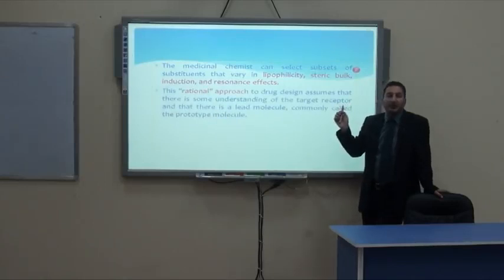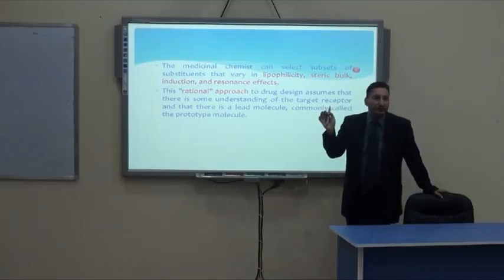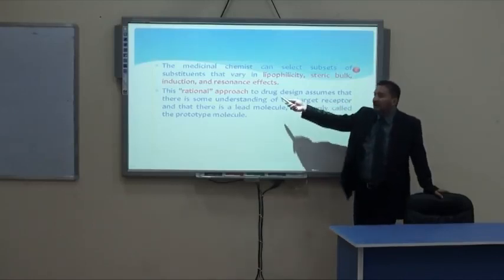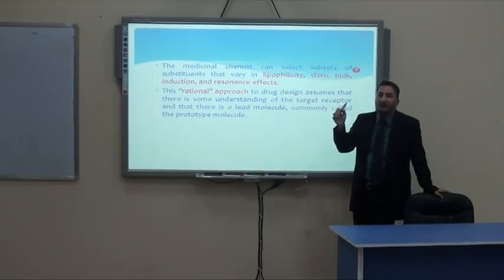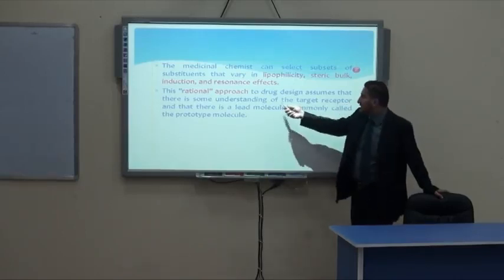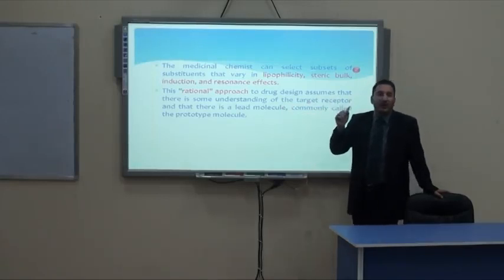This combinatorial chemistry approach for drug design is a rational one because it depends on understanding. I mean, the medicinal chemist should understand the target receptors and the lead molecule.